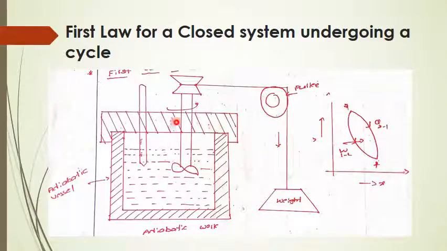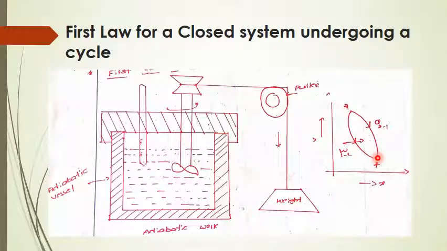After some time, I will remove this insulation. Once you remove this insulation, the system will start interacting with the surrounding, and heat transfer takes place from the system to the surrounding. Once the system starts interacting with the surrounding, it loses heat to the surrounding.